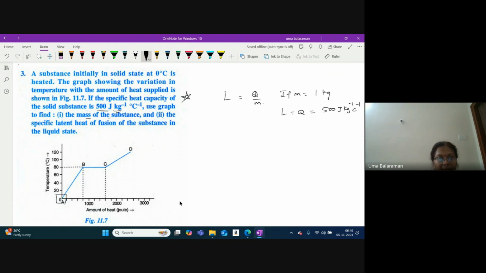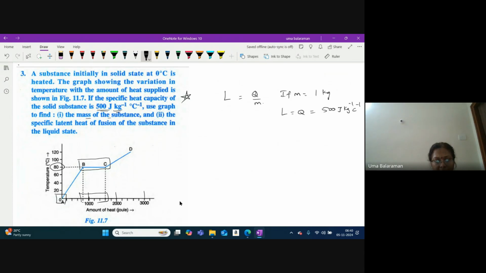Here, the melting happens at B to C, which is 80 degrees Celsius, and the heat energy supplied is, this is 1000, this is 2000, this is 3000.